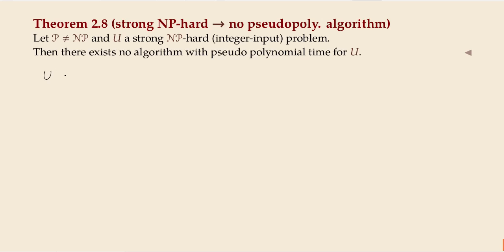So let's let U be strong NP-hard. By the definition, that meant that there is some polynomial P, so that the restricted subproblem is NP-hard.